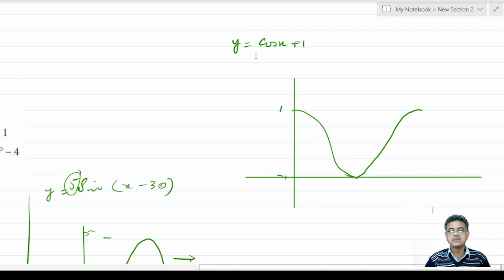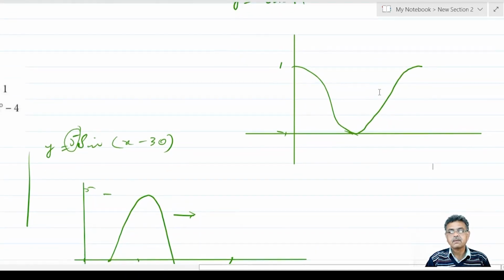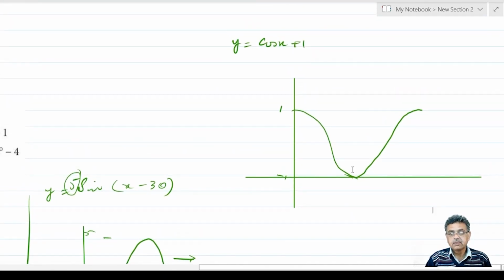So this will be the graph of cos x plus 1. But if the graph is moved upward or downward, it does not have any effect on its period. The period will remain the same, 360 degrees. This will be at 360 degrees.